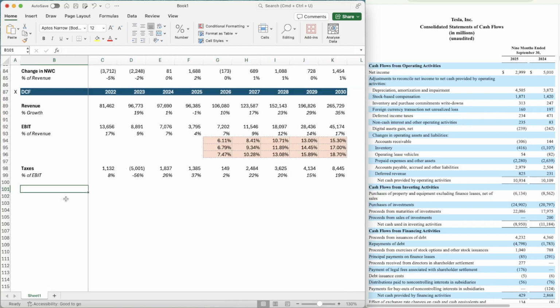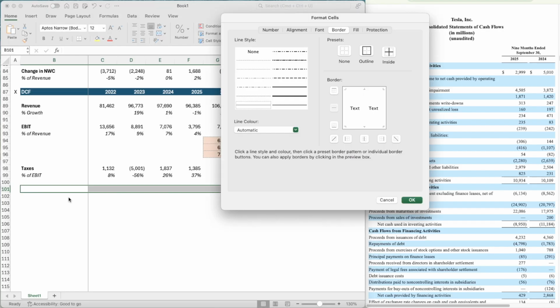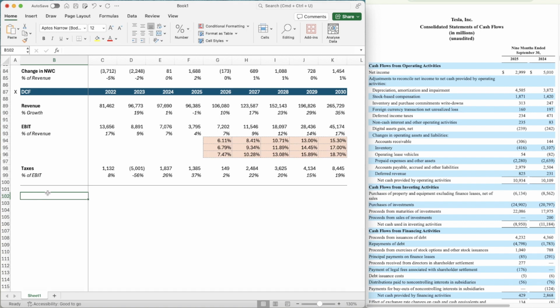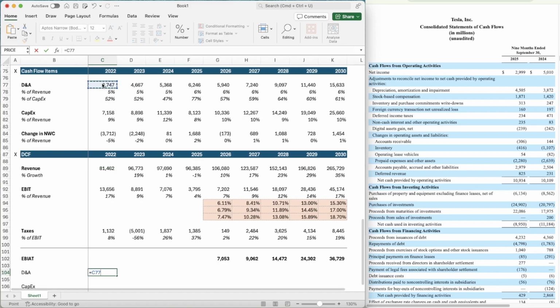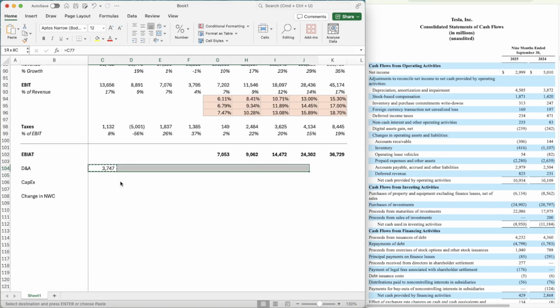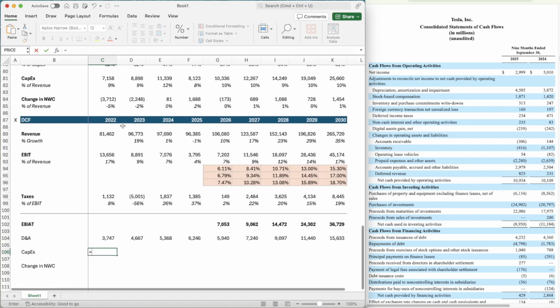Now we want to calculate the EBIT, which is your earnings before interest, but after tax. All that is, you take your EBIT and you subtract your tax. Bold it, pull it across. Now we want the D&A, well, we know what they are, but we want to calculate the unlevered free cash flow. So pull all of these down from what we've calculated up here. Where's the CapEx?